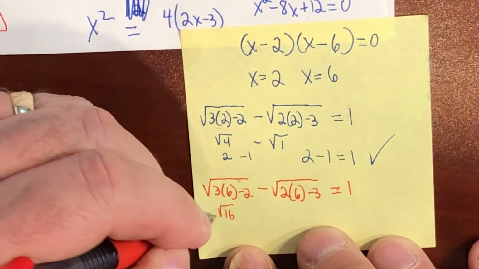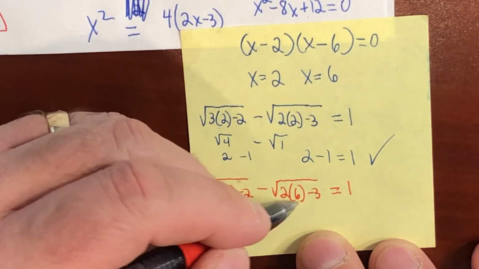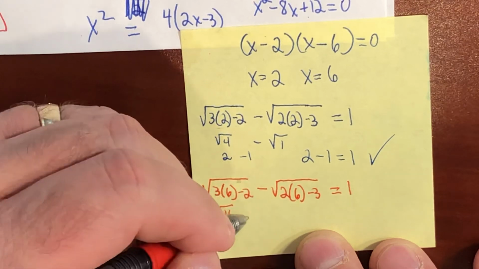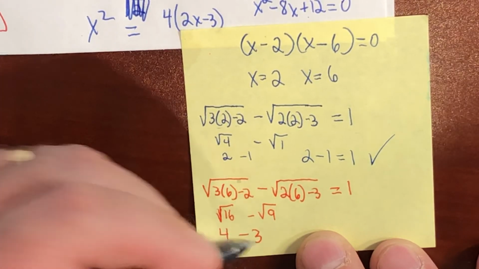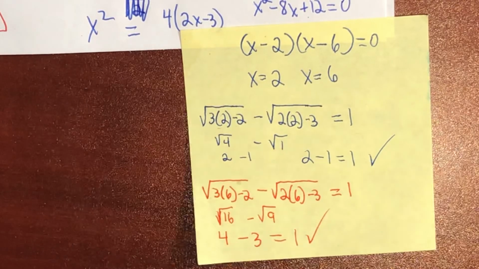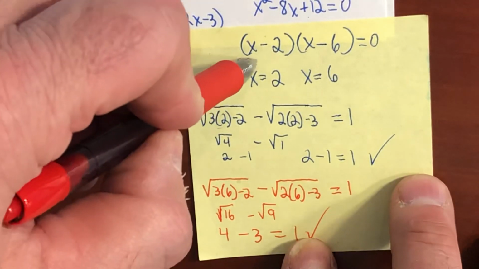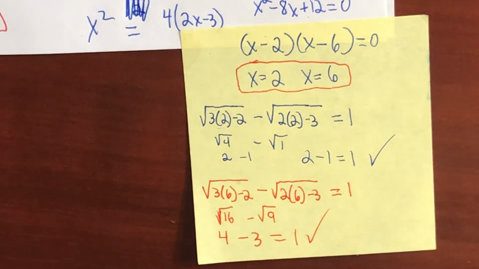The square root of 16, you and I know that's 4. 2 times 6 is 12. 12 minus 3 is 9. This is going to be minus the square root of 9, and the square root of 9 is 3. Is 4 minus 3 equal to 1? Yes, it is. So both of the answers, x equals 2 and x equals 6, can be boxed in.